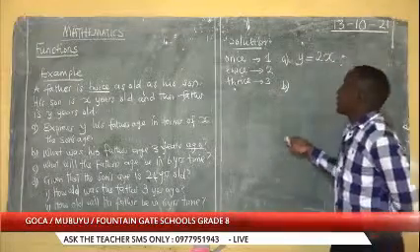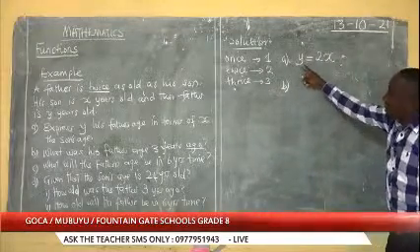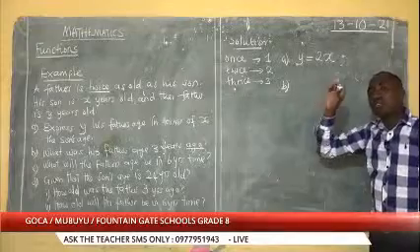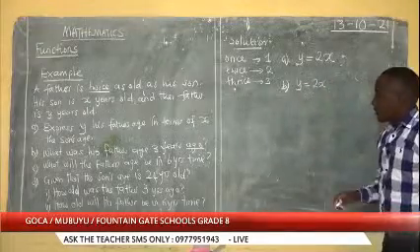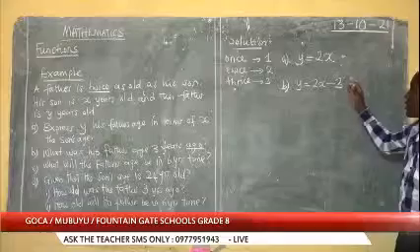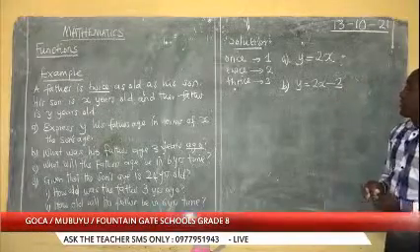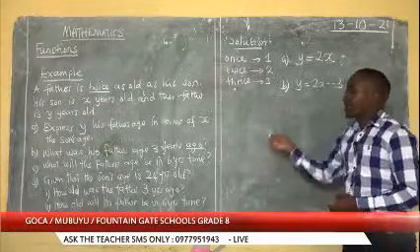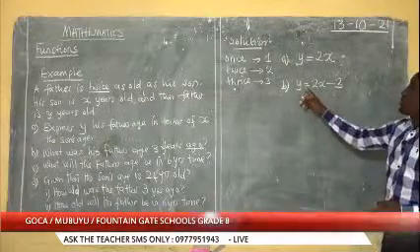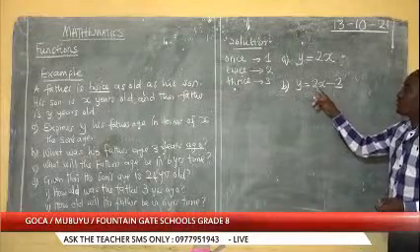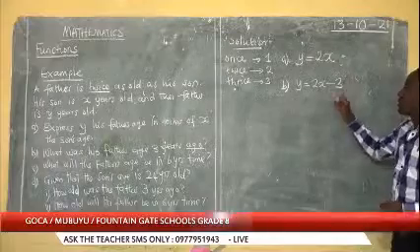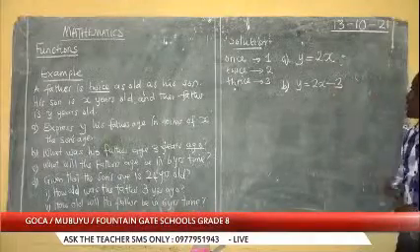So the father's age 3 years ago was y is equal to 2x minus 3. This is just an expression.